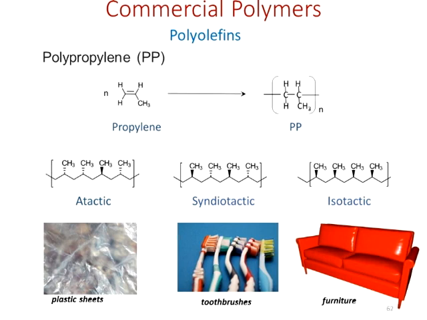Features of the polymer are very important. Those features start with the features of the monomer. If the monomer has a side chain, that side chain can show up as an atactic form, which tends to be more flexible and lower density plastics and used for sheets.